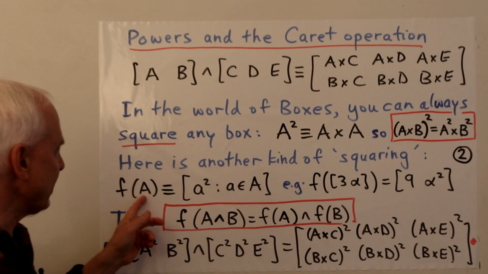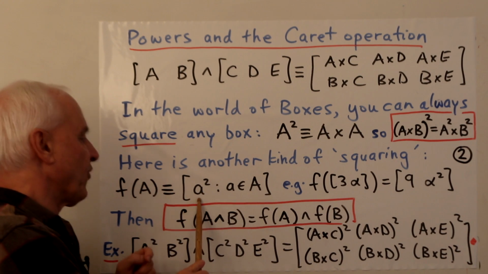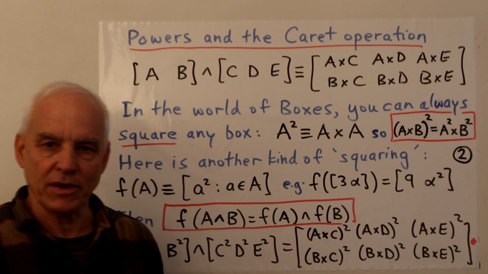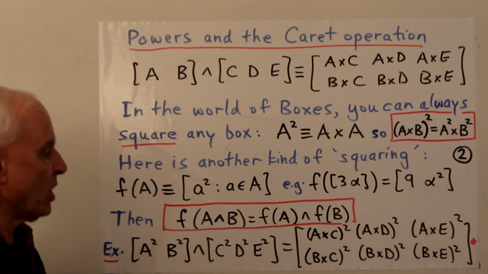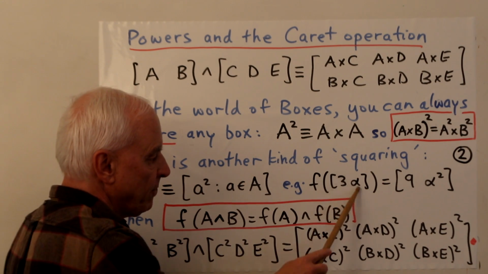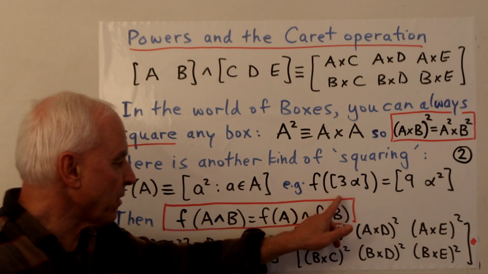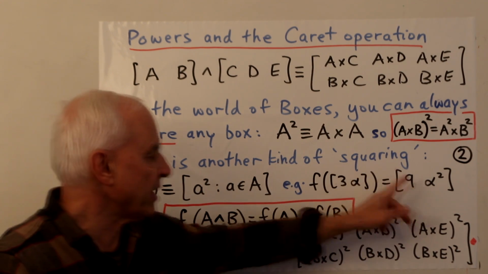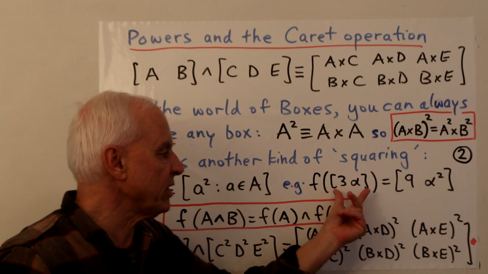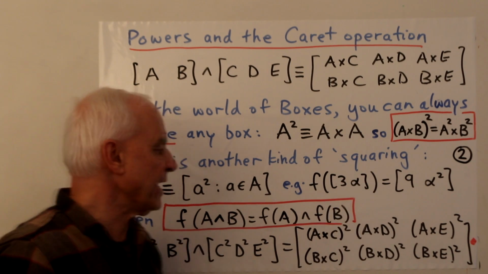Given the box A, we could look at the box consisting of the squares a squared as little a runs through the box capital A. So for example, here's a box with two elements, the number 3 and alpha. If we apply this f to it, we square 3 to get 9, we square alpha to get alpha squared. So that's what f does to this box. It's not really squaring the box itself, it's squaring the elements in the box.